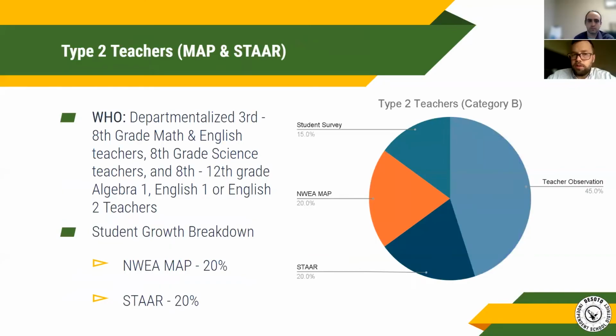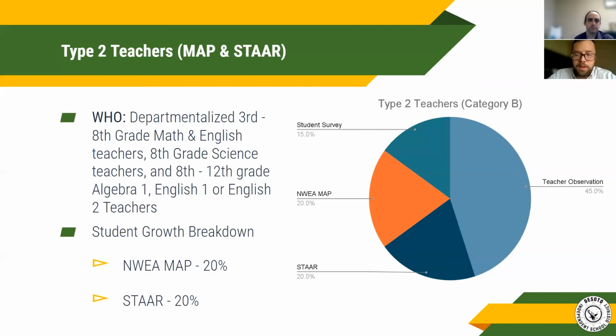Type 2 teachers are those teachers who teach courses that have both a STAAR exam and a MAP exam. So who is this? This is usually departmentalized 3rd through 8th grade math and English teachers. If you teach 7th grade English or 6th grade math. This is 8th grade science teachers. And these are our high school Algebra 1, English 1, or English 2 teachers.